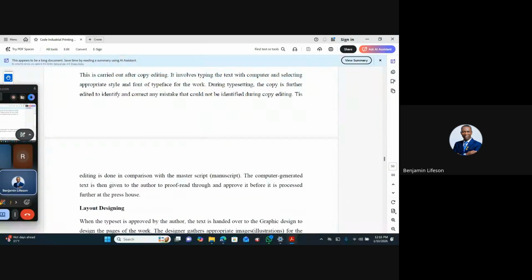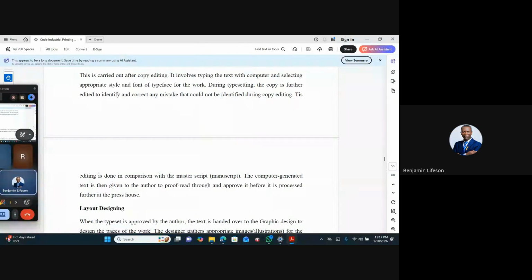All right. This editing is done in comparison with the master script, that is the manuscript. The computer-generated text is then given to the author to proofread through and approve it before it is processed further at the press house.